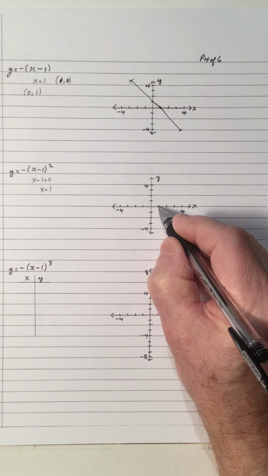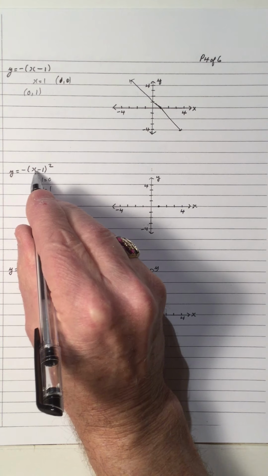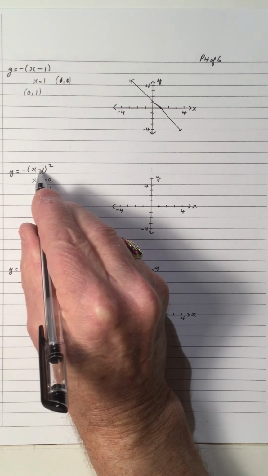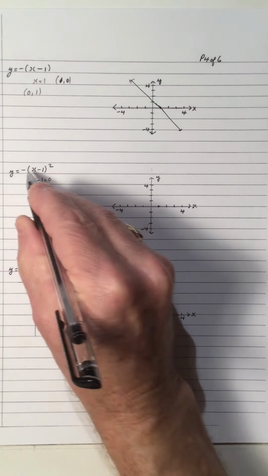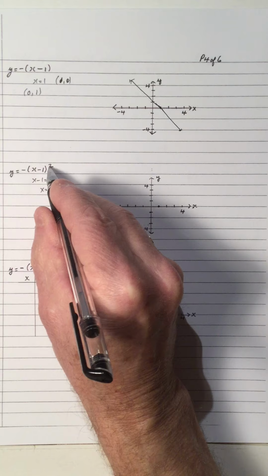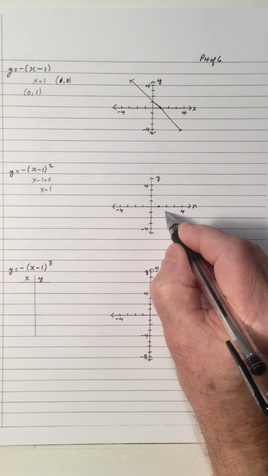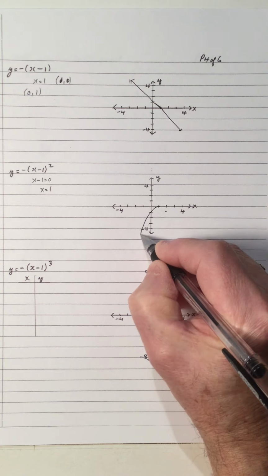If you put a 0 in, 0 minus 1 is negative 1, squared is 1, so you get a negative 1. You put a 2 in, 2 minus 1 is 1, 1 squared is 1, negative 1. So you can see that this is a parabola opening down.